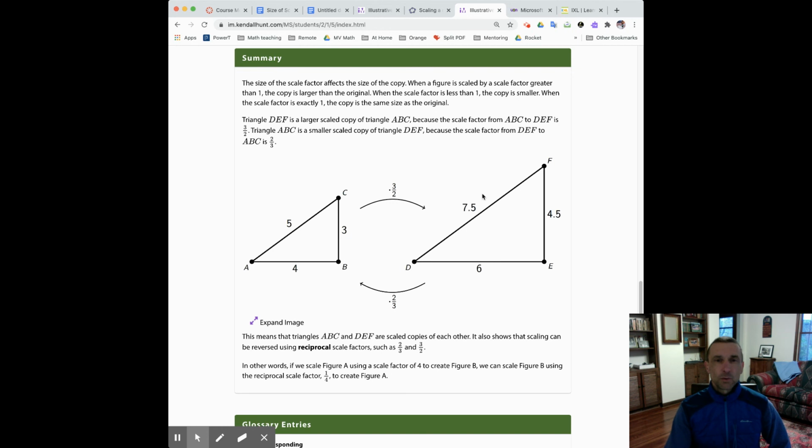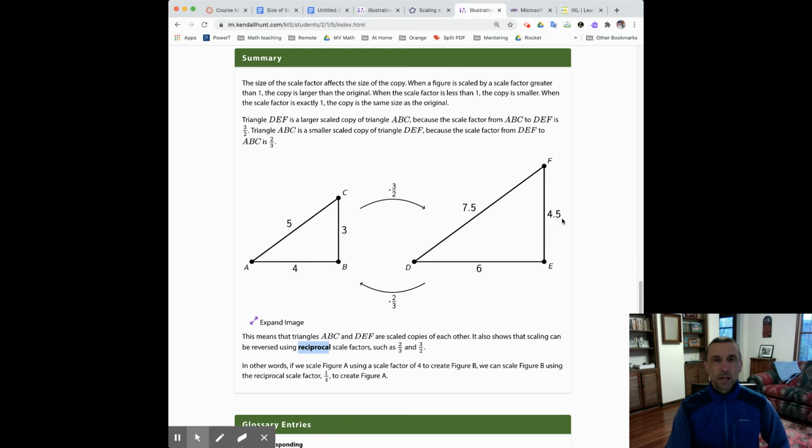If I want to go from the big triangle back to the smaller one, you'll notice the scale factor has been flipped. We call this the reciprocal. The reciprocal of 3/2 is 2/3. If I start with 6 and multiply by 2/3, I get 12/3. 12/3 simplifies to 4.